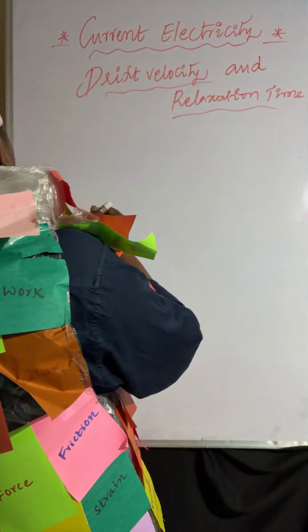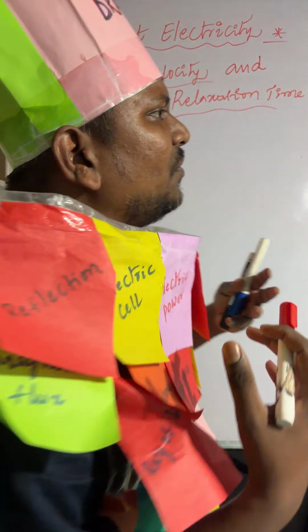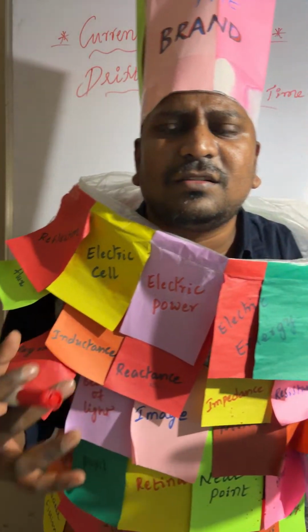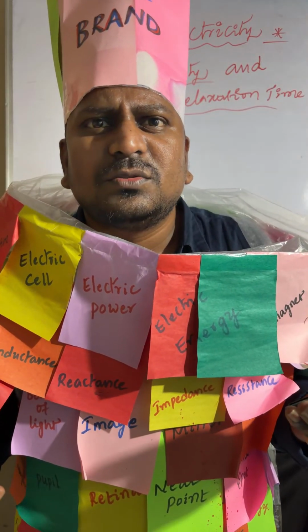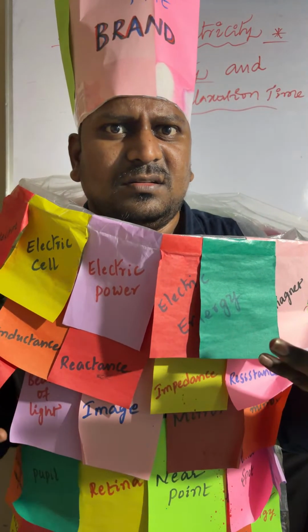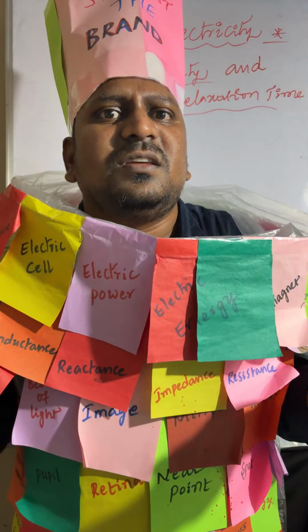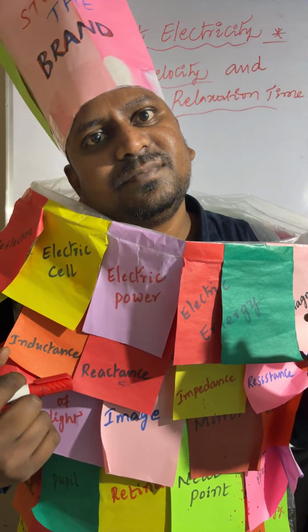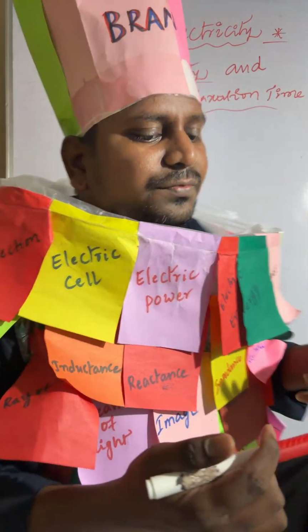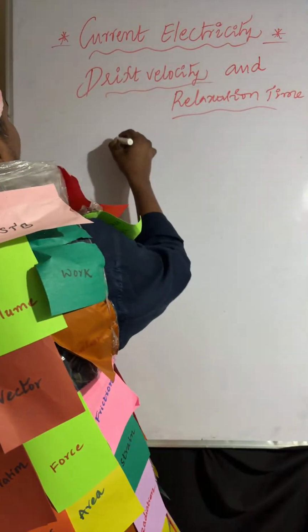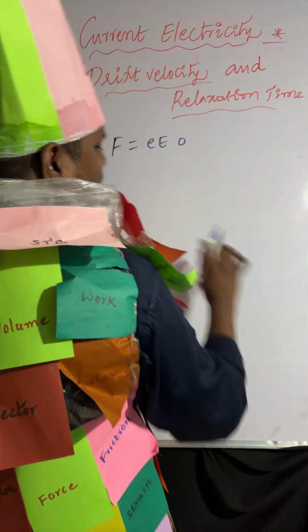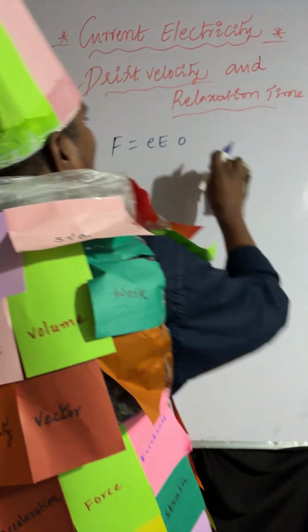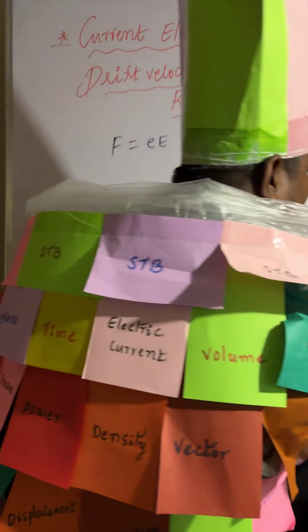Now, when electrons are moving in a conductor, they experience a magnitude of force, F equal to eE.